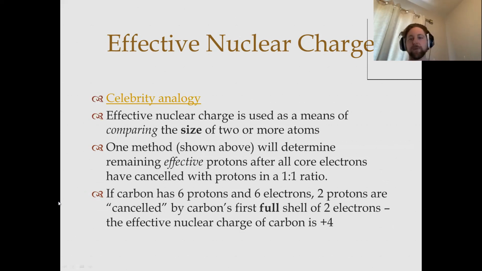But essentially what we're going to be doing is taking relative nuclear strengths of two or more atoms and saying, we have these two atoms, different elements, which one has the stronger nucleus? And that is going to affect the size of the atom based on how attractive the electrons are to the nucleus. So effective nuclear charge.